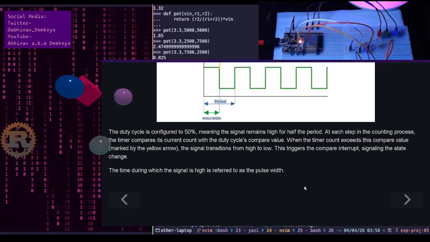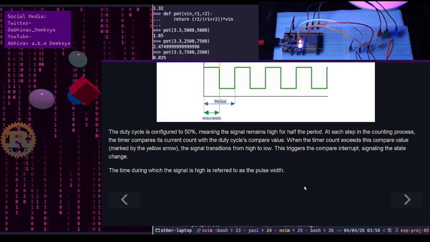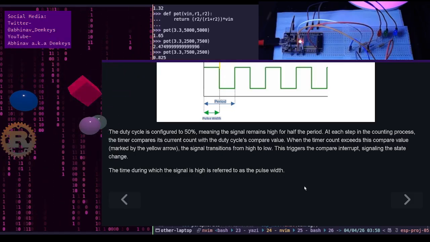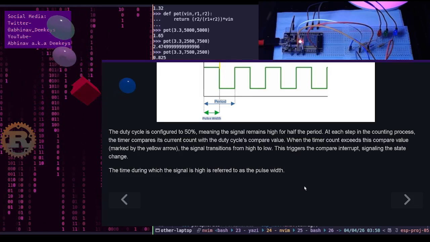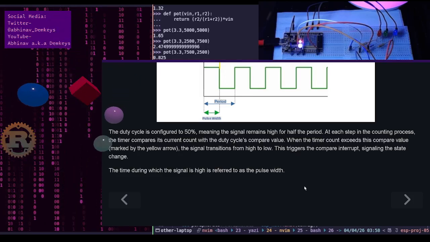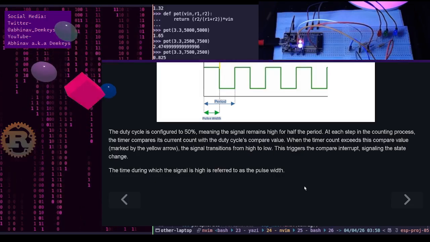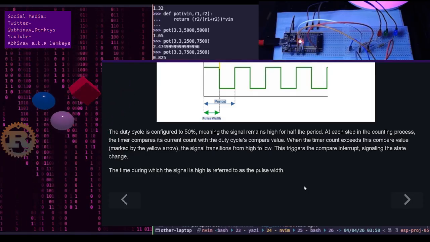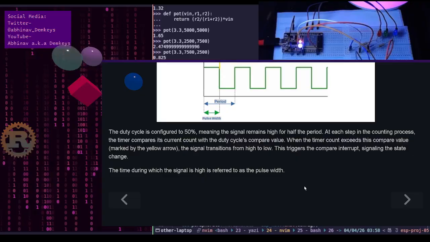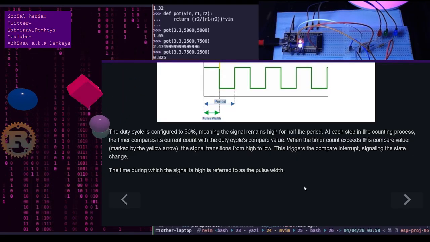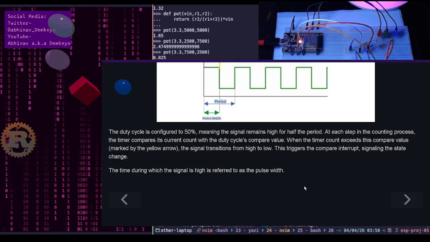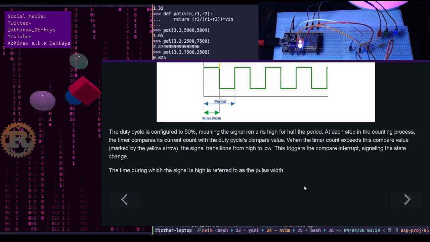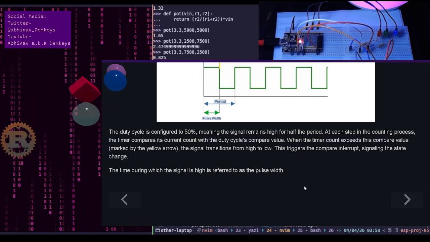If the resolution controls how many values the counter can count, what exactly are these values being counted called? Ticks?